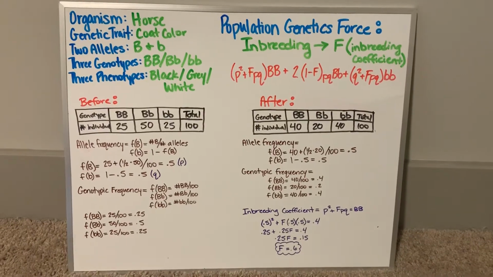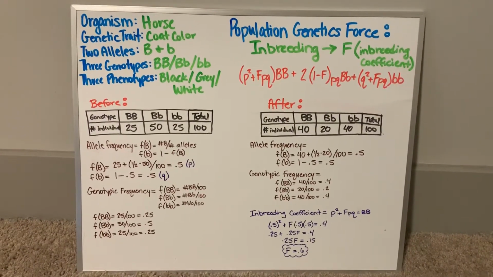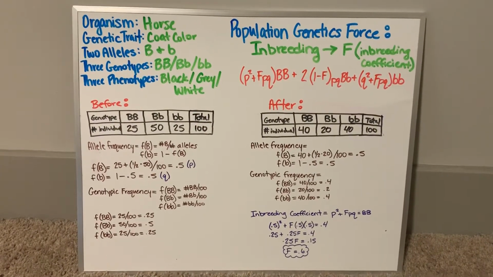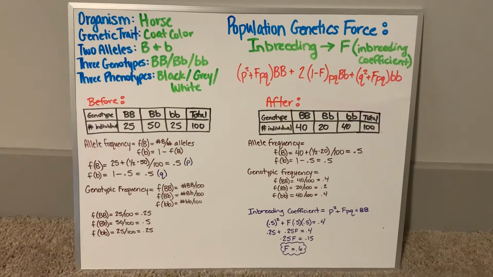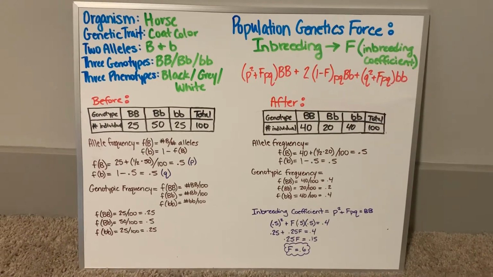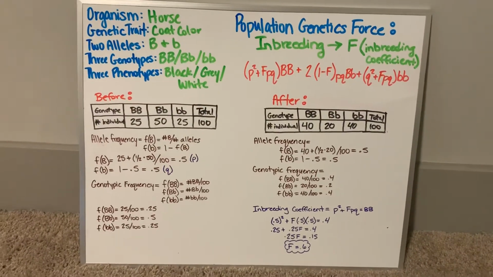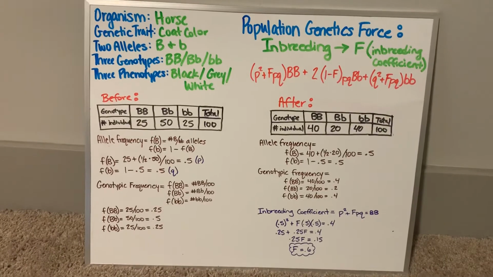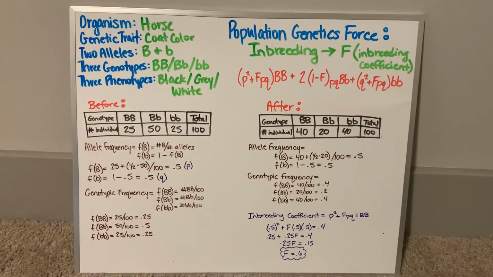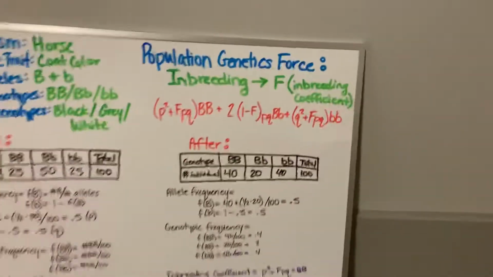The variable for that would be a capital F. F equals 0 means there's no inbreeding, and if F is between 0 and 1, that means there is some level of inbreeding occurring. And we can find F by using an altered version of the genetic array that we use for the Hardy-Weinberg equation, which is right there.